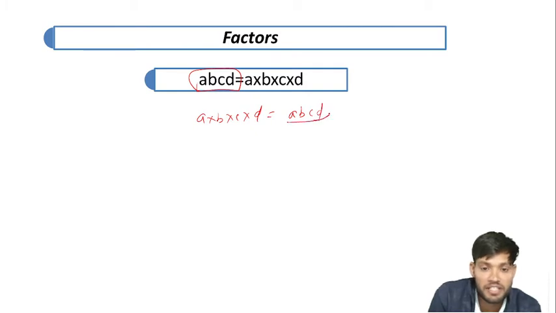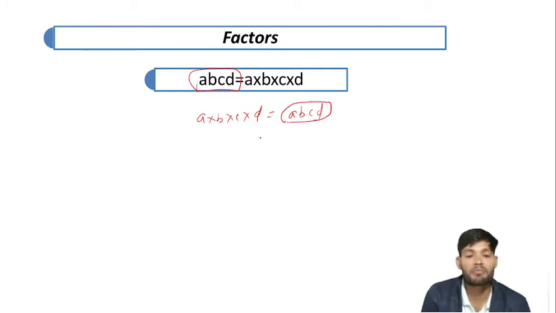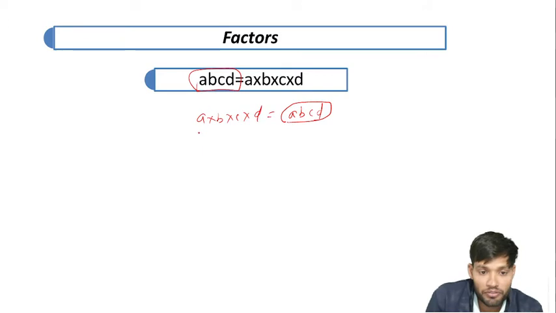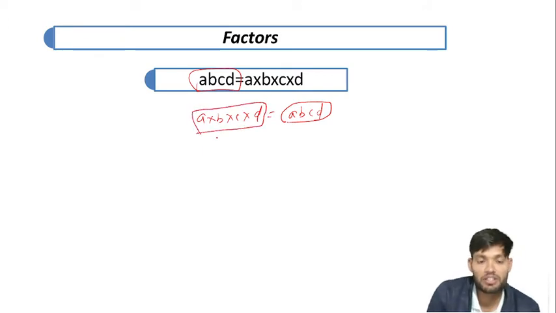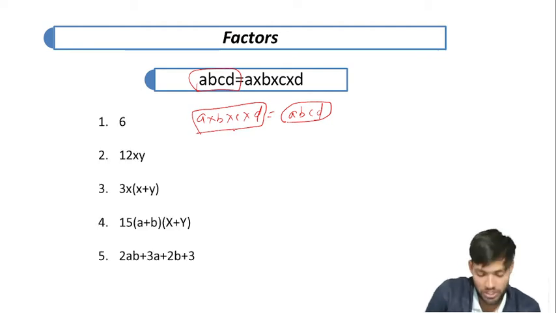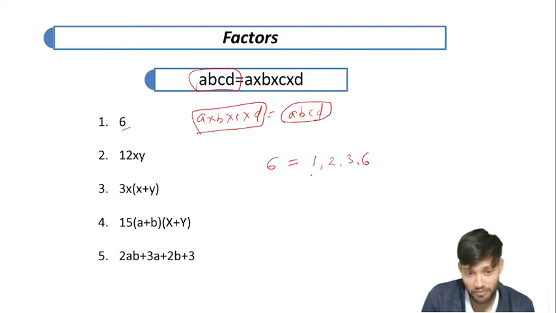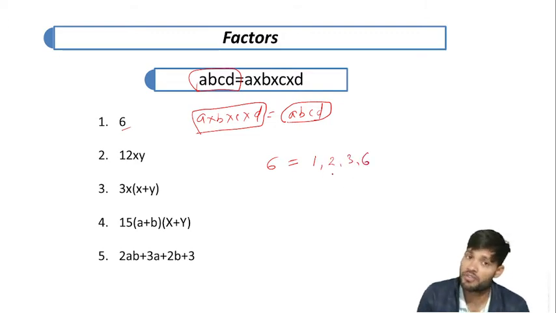It means this is the number we gain after multiplying all of them, so all of these are factors of abcd. Now for example, we can take 6. What are the factors of 6? 6 has the factors 1, 2, 3 and 6 itself. All are factors of 6.